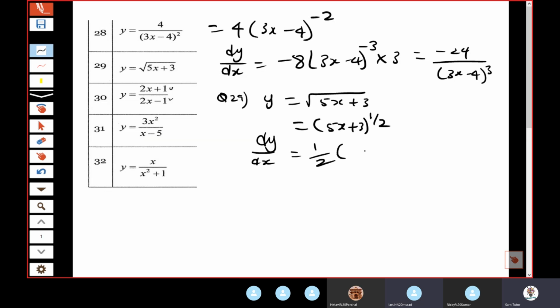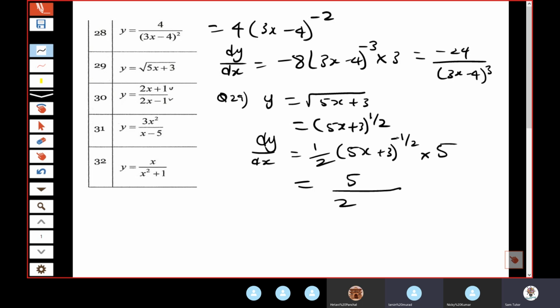1/2, 5x plus 3, power of -1/2, times 5, and then that's on the top. That's on the bottom.